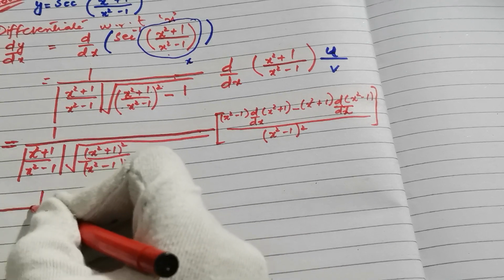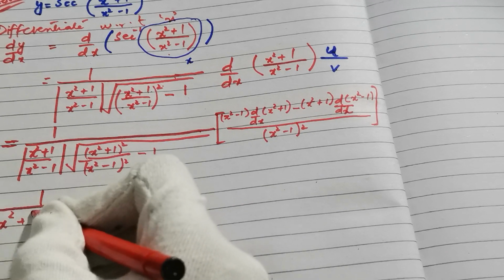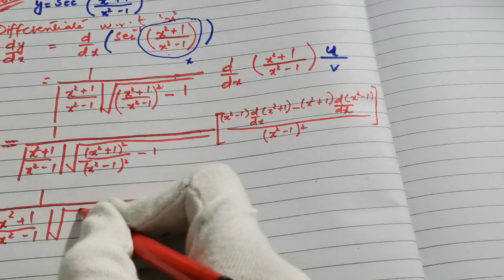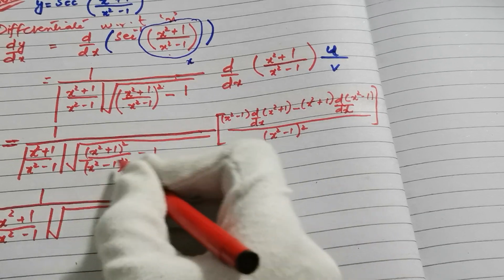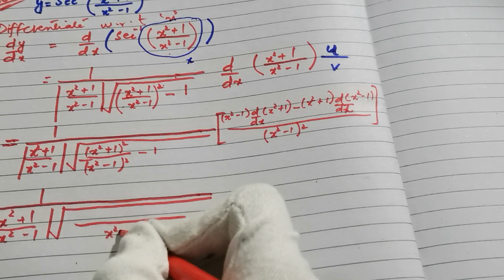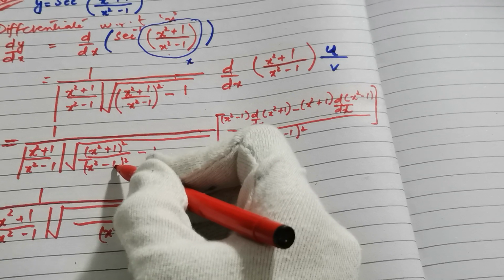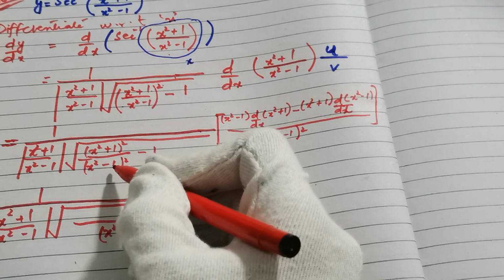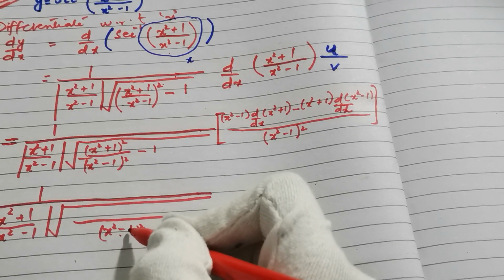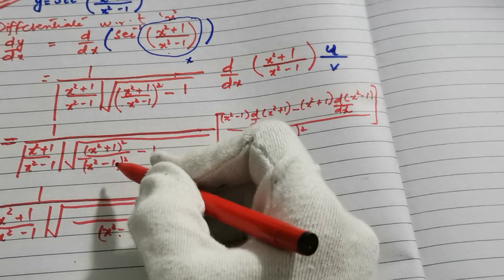Now we will solve this as well. (x square plus 1) divided by (x square minus 1) as it is, under root, we take the LCM, x square minus 1 as it is. x square minus 1 divided by x square minus 1 gives 1, and 1 is multiplied by the numerator.